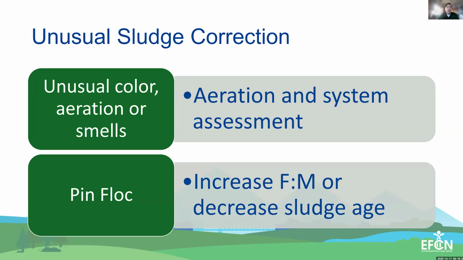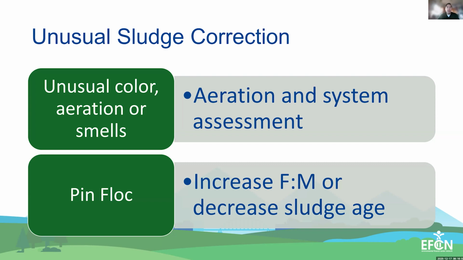And then another way that we can visually see issues with our wastewater is we see things like poor settling. Well, one type of poor settling is called pin floc. And that is often due to a low F to M ratio or a long sludge age. This can be addressed by either subsidizing an increased BOD, if your BOD is low, with an additional food source such as methanol or dog food.